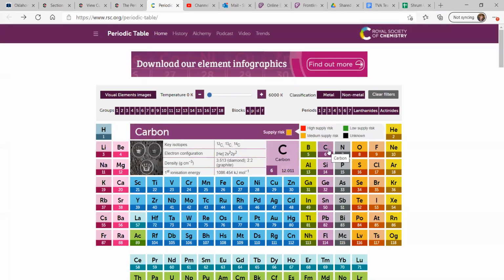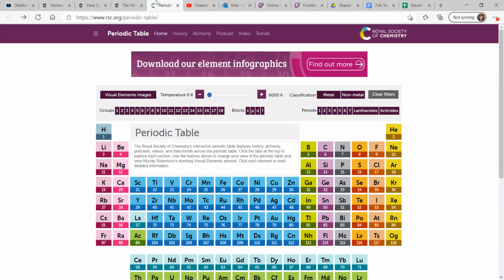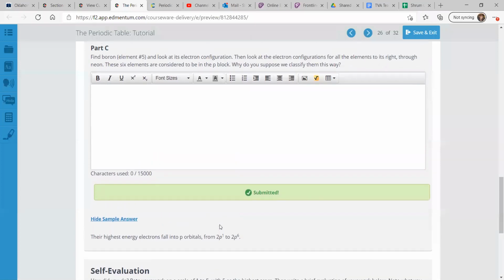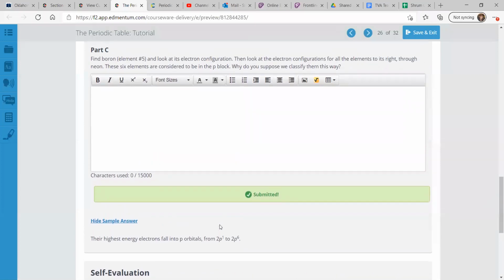Then we have 2s2, 2p2, 2s2, 2p3, 2s2, 2p4, 2s2, 2p5, and 2s2, 2p6. Their highest energy electrons fall into the p orbital from 2p1 to 2p6. That's why we classify them that way.